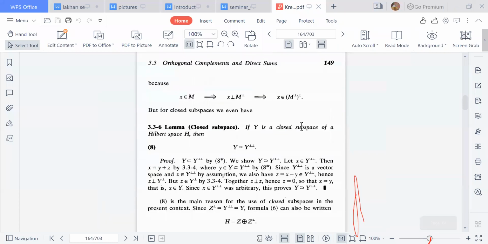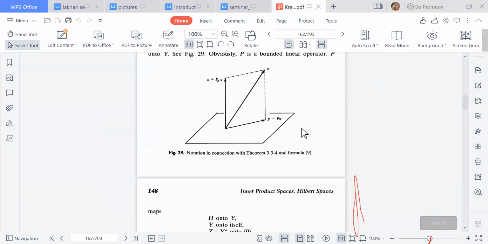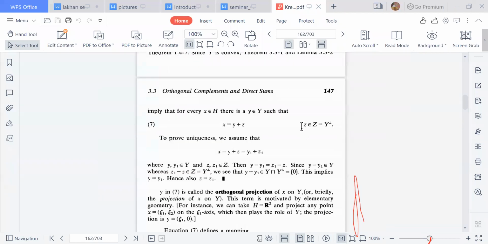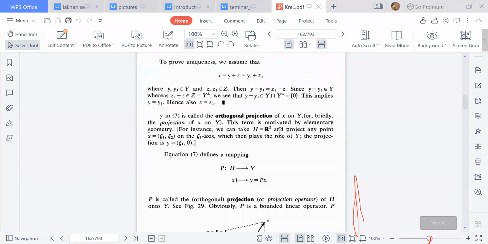The theorem states that if Y is a closed subspace of a Hilbert space, then H is equal to the direct sum of Y and Y complement.